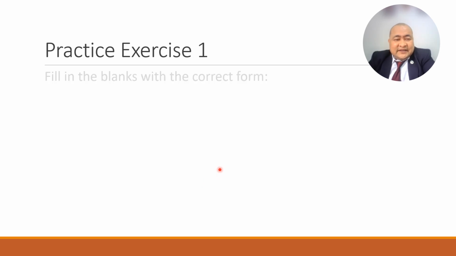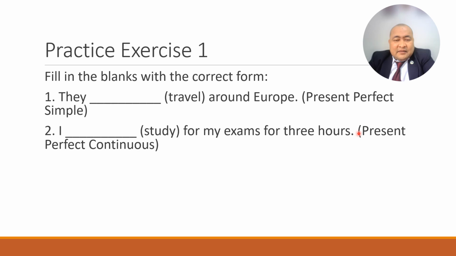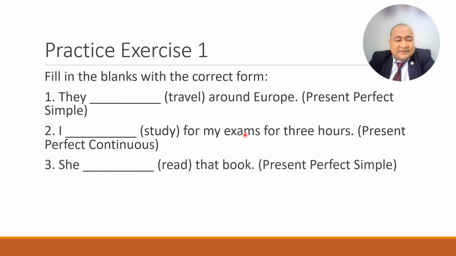Now, let's practice this. Number one, they blank travel around Europe, in present perfect simple. So, present perfect simple, they have traveled around Europe. Number two, I study for my exam for 3 hours. Make it in present perfect continuous. So, I have been studying for my exam for 3 hours.